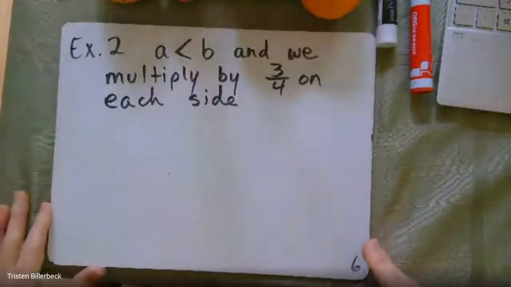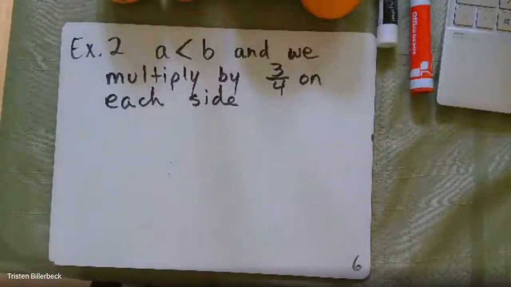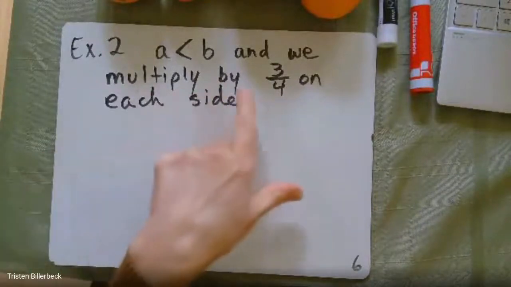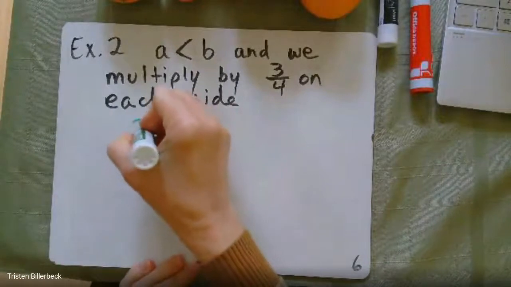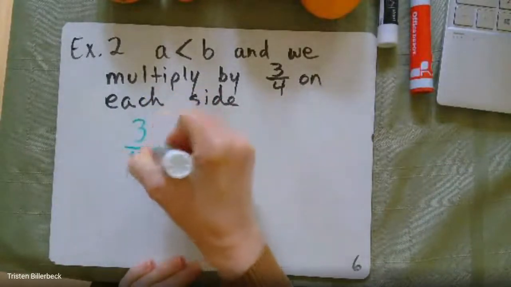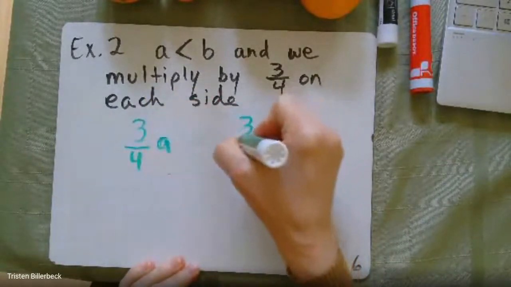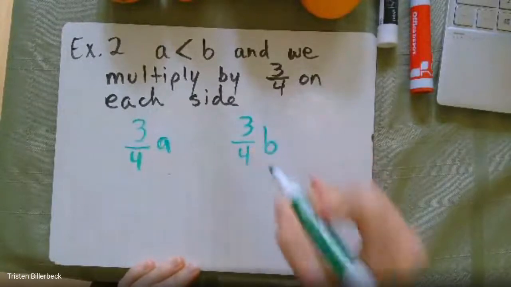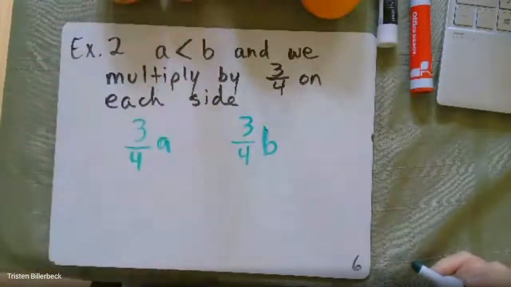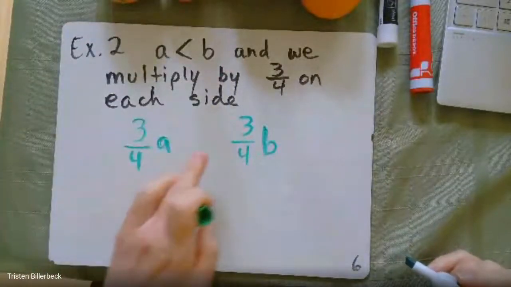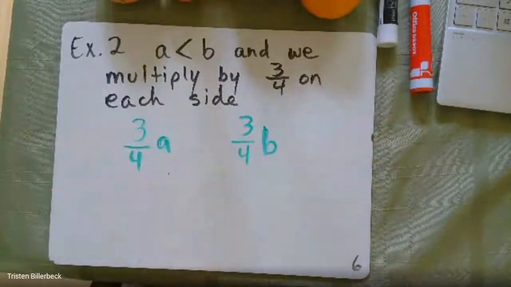All right, so this time what we're going to do is multiply both sides by 3/4. So we have 3/4 A and 3/4 B. So we have A is less than B. What sign goes here?